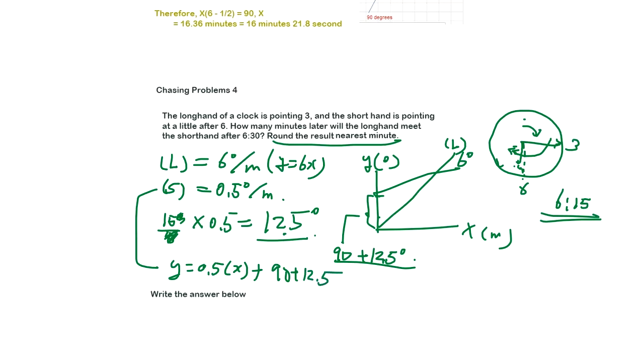The answer will be some decimal number. It's messy, but you can just round off to the nearest minute and you can get the answer.